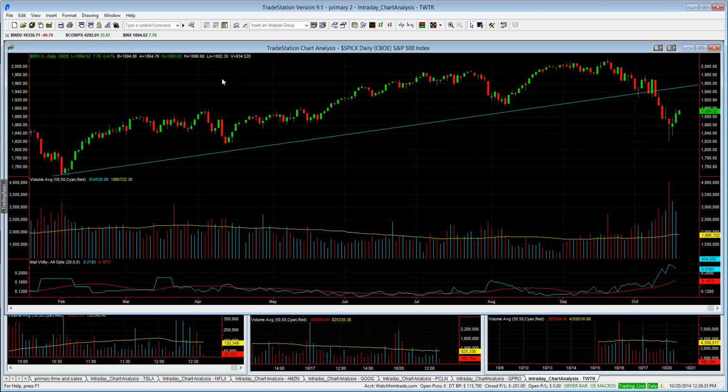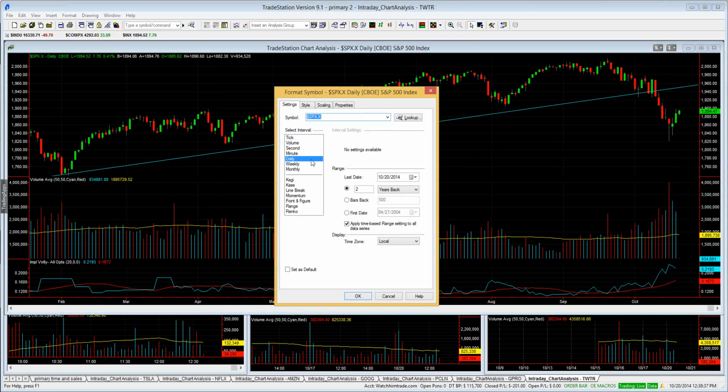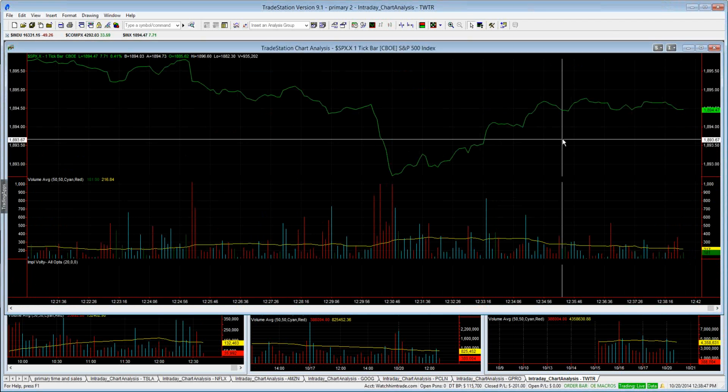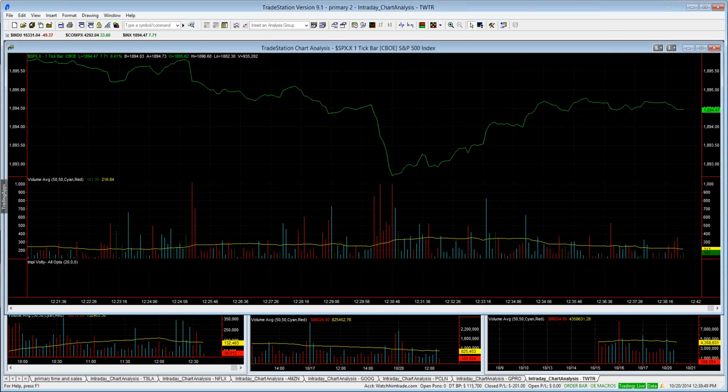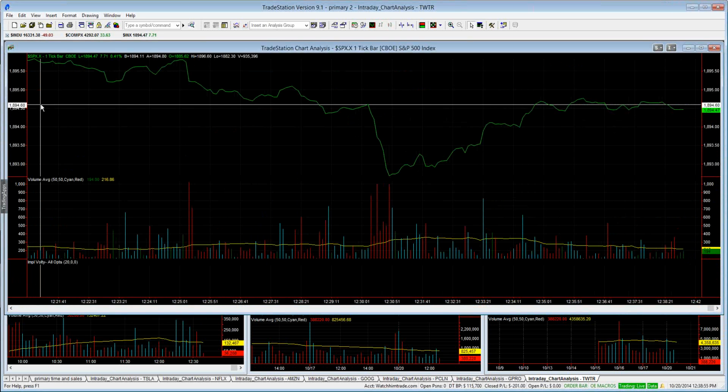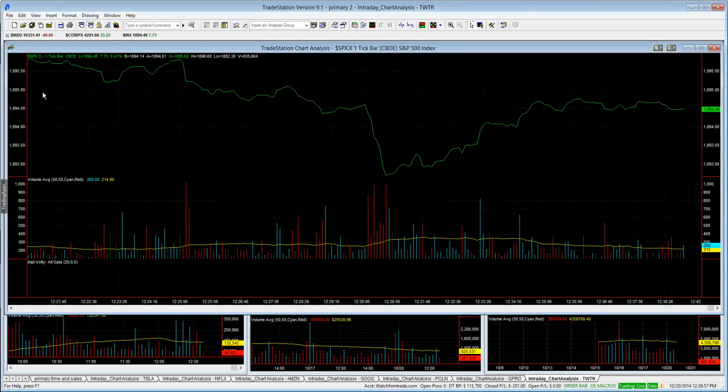If we break this down into a tick by tick chart on the day here, you can see that you have been in very boring activity today on the S&Ps, just in a tight channel.